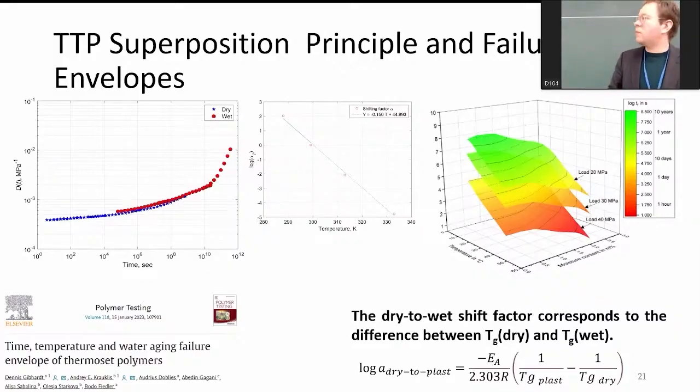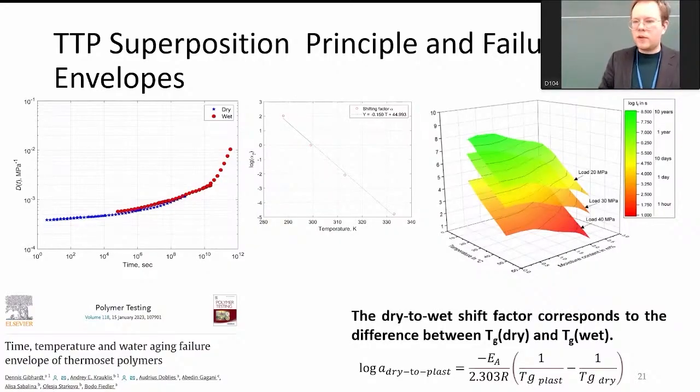The principle of time temperature superposition has been known for years. It means that for materials which have viscoelastic behavior, we can superimpose the effect of time and the effect of temperature. So at higher temperatures, they creep faster.